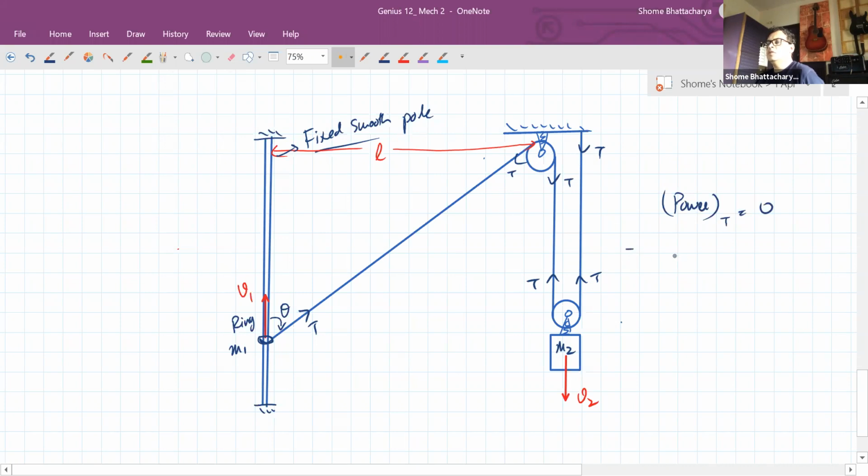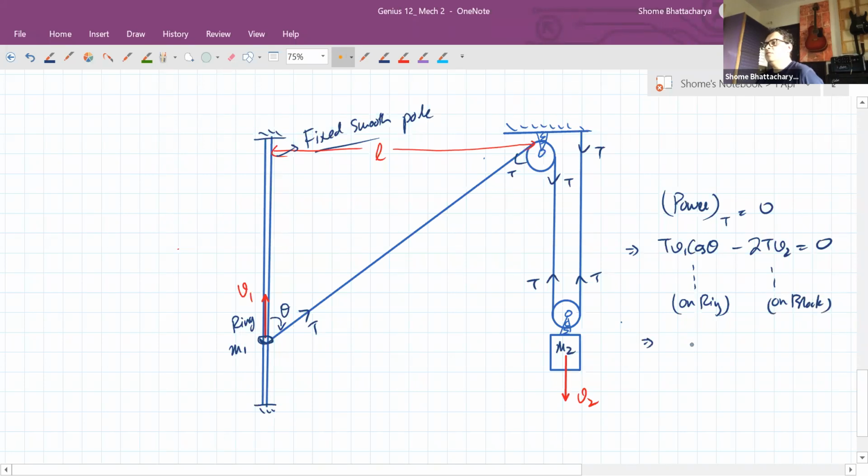So on the ring, the power developed by tension will be T v1 cos theta, and on M2 it will be minus 2T v2. So this should be 0. This is on the ring, this is on the block. And nowhere else can you see tension delivering any power.